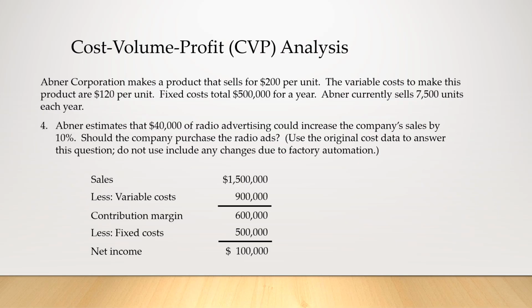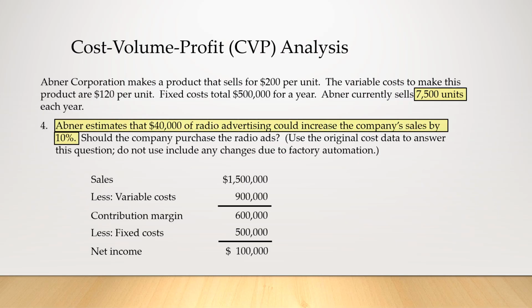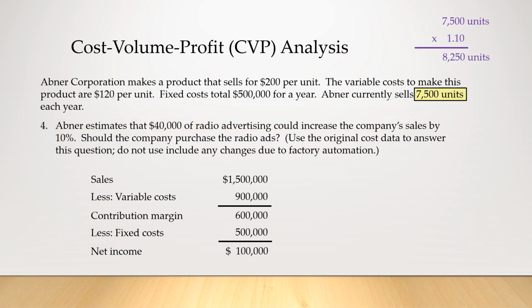Now we determine the revised amounts under this new scenario. Abner was originally selling 7,500 units, but advertising may increase this amount by 10%. So multiply 7,500 units by 1.10, and the updated sales volume is 8,250 units.